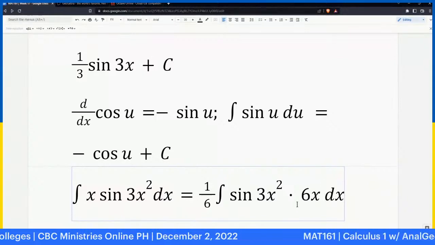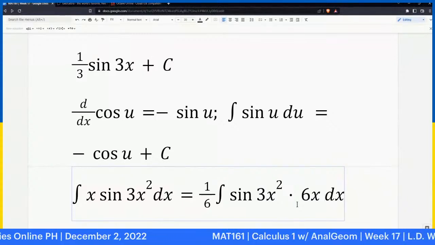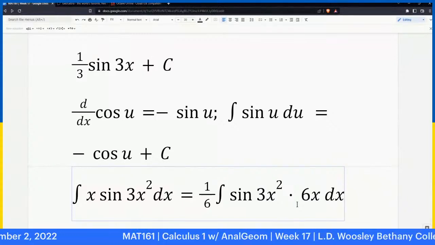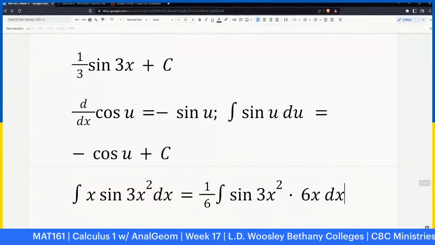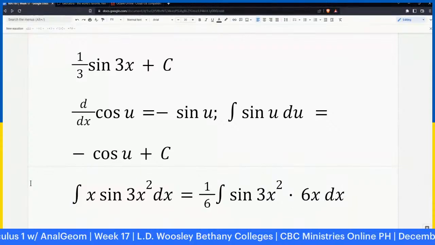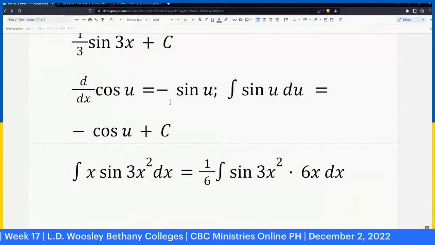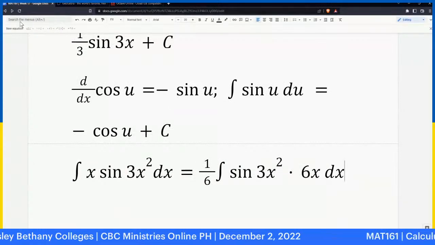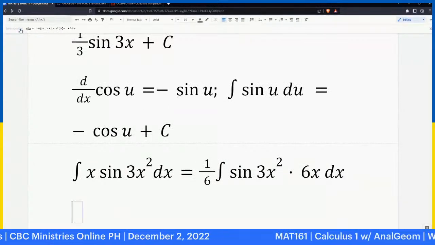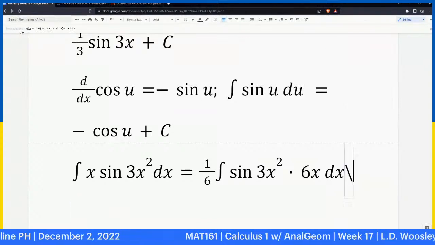Alright, so 6 is supposedly your part of du, 1 over 6 the neutralizing factor. Then from there, pwede na to. Dapat yung sagot mo na negative cosine. But you need to multiply it first by 1 over 6.